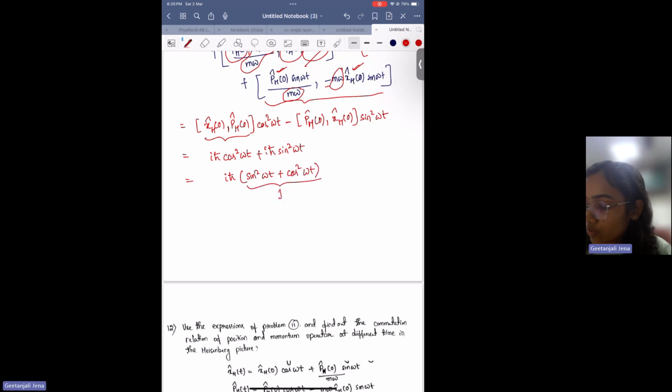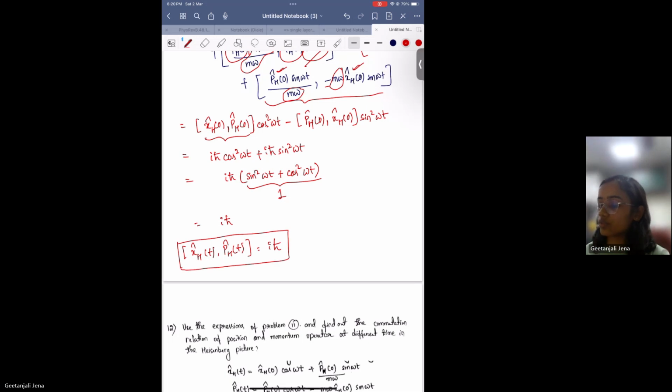You know this is 1, so this is i h-bar. So the commutation relation of the position operator in the Heisenberg picture at time t with the momentum operator at the same time t is nothing but i h-bar. This is the answer for this question.